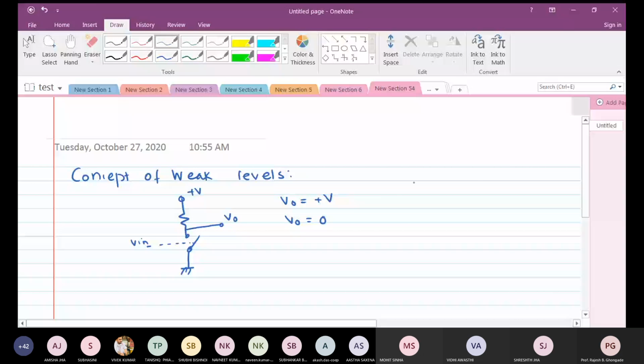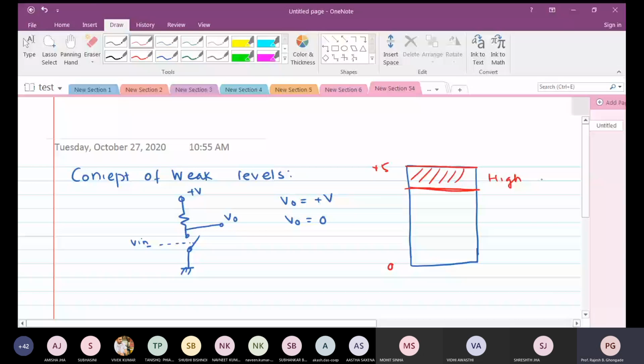I said that digital logic levels are subsets of analog. So if you consider the range from 0 volts to plus 5 volts, I'm going to call this range of voltage as high or logic 1.